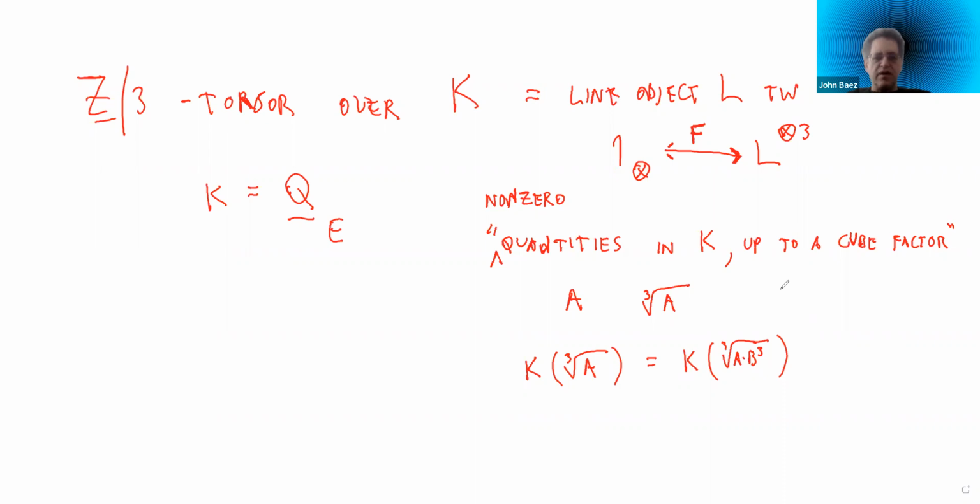So what is the line object in this? I know you said they're all isomorphic, so it's a question. Yes, okay, that's a fair question. So let's see, we have this picture.